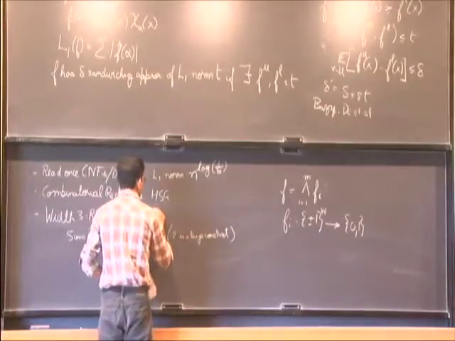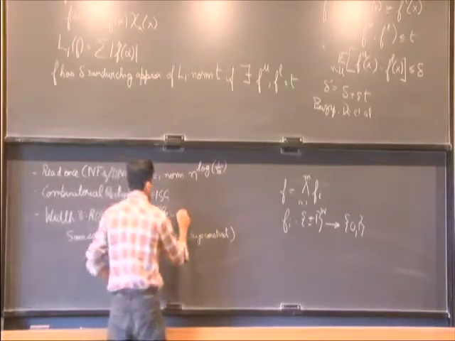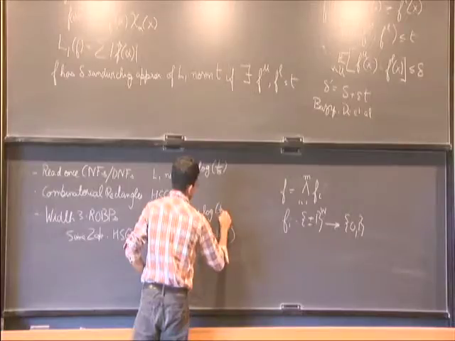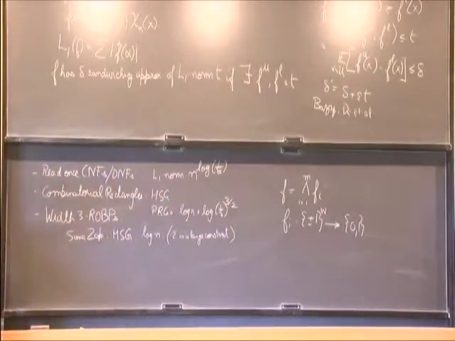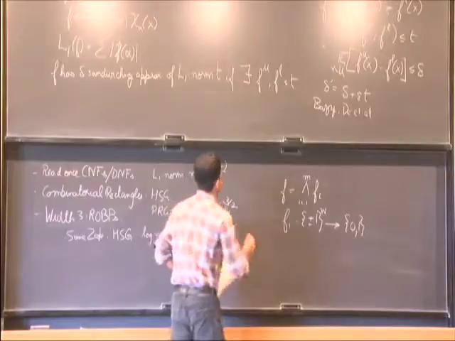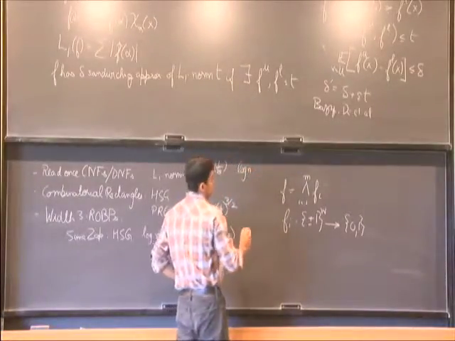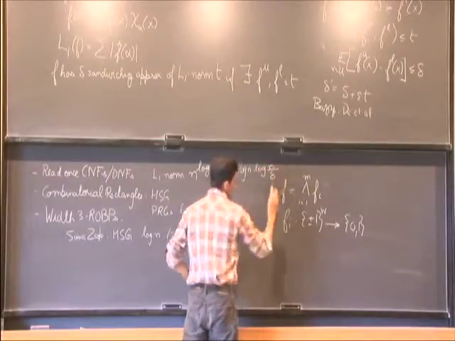As far as PRGs go, the best result is due to Chijen Lu. It gives you seed length which is log n plus log 1 over epsilon to the 3 halves. If epsilon is polynomially small, this is a seed length of log n to the 3 halves. For read once DNFs, I think the best generators known have seed length something like log n times log n over delta.